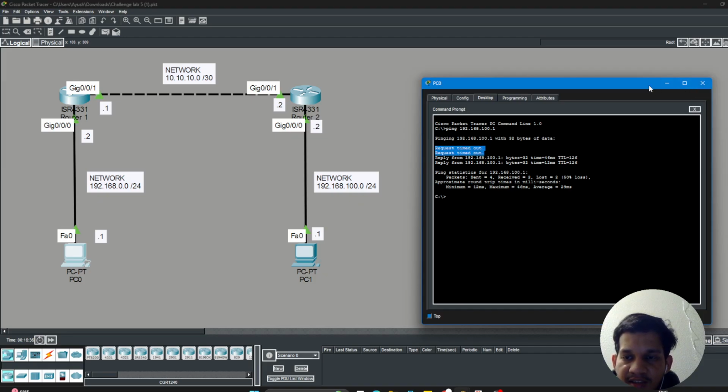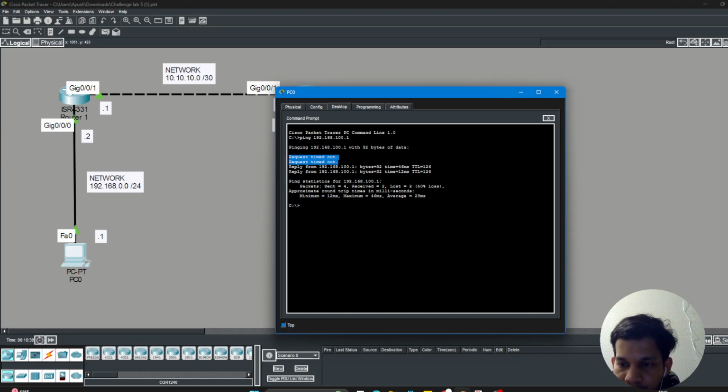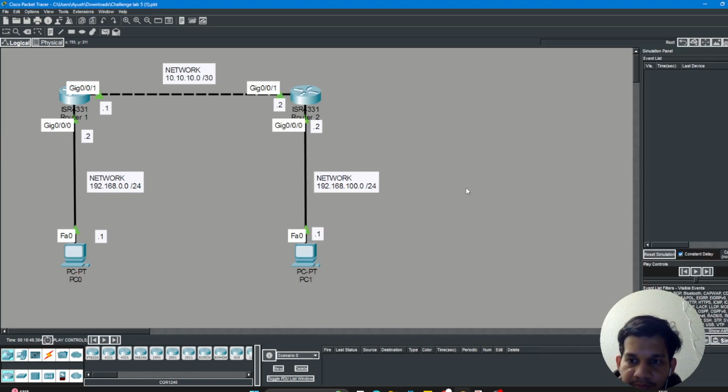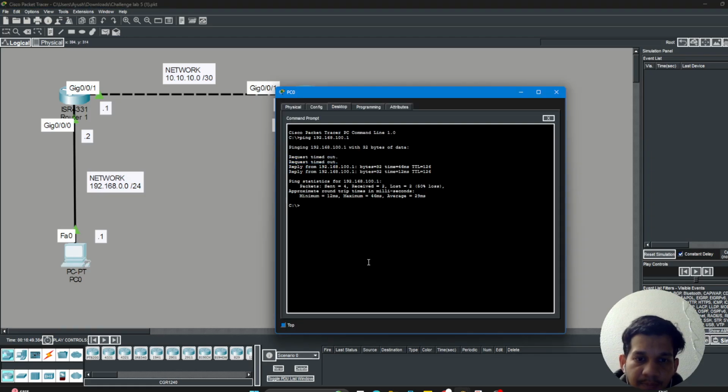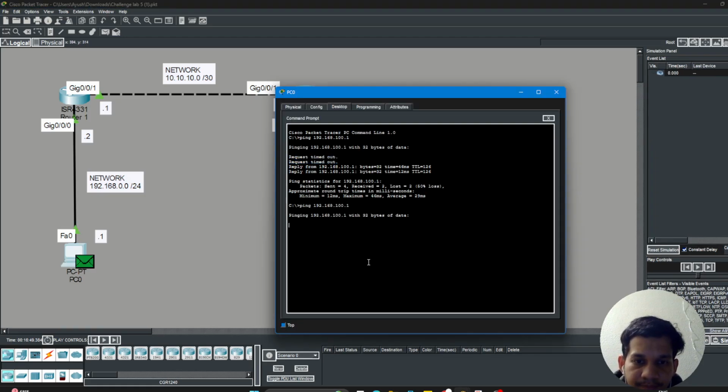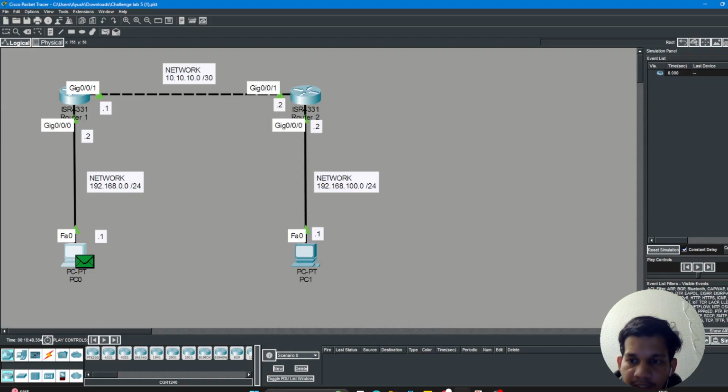Let's check in simulation mode too. I'll go to simulation and ping the packet again. The packet goes to router 1, then to router 2.